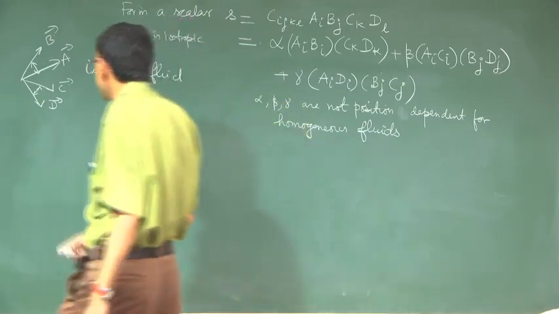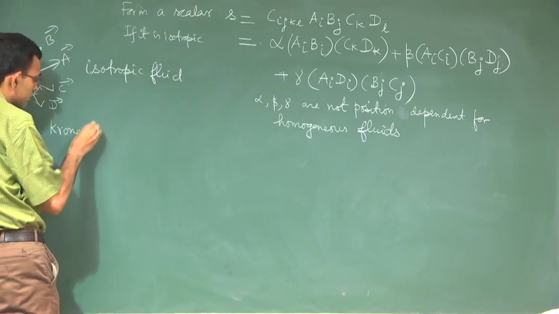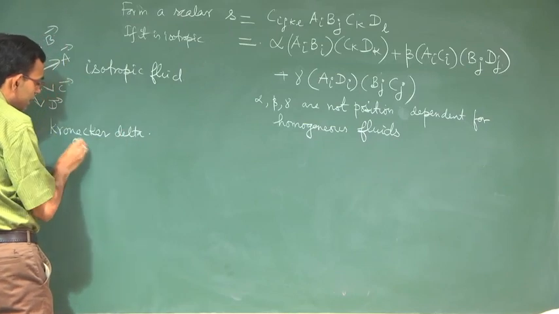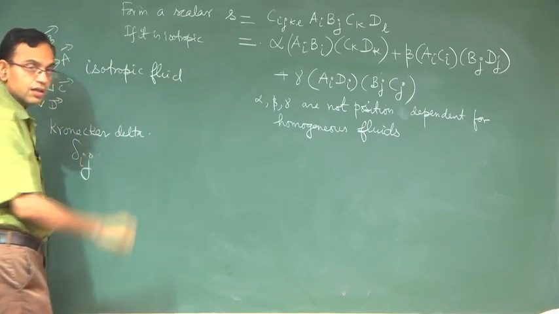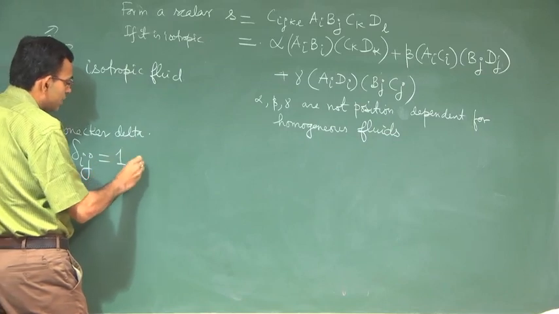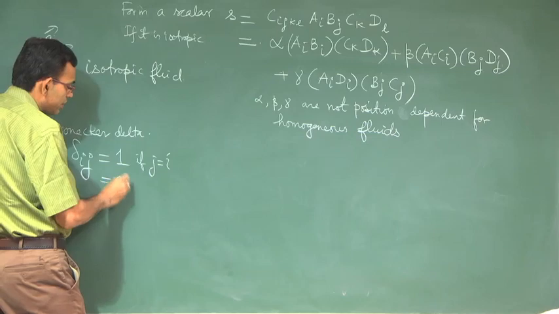So, the Kronecker delta, what it does is something like this. It is defined like this; it is also a second order tensor. It is defined as 1 if j is equal to i, and 0 otherwise.